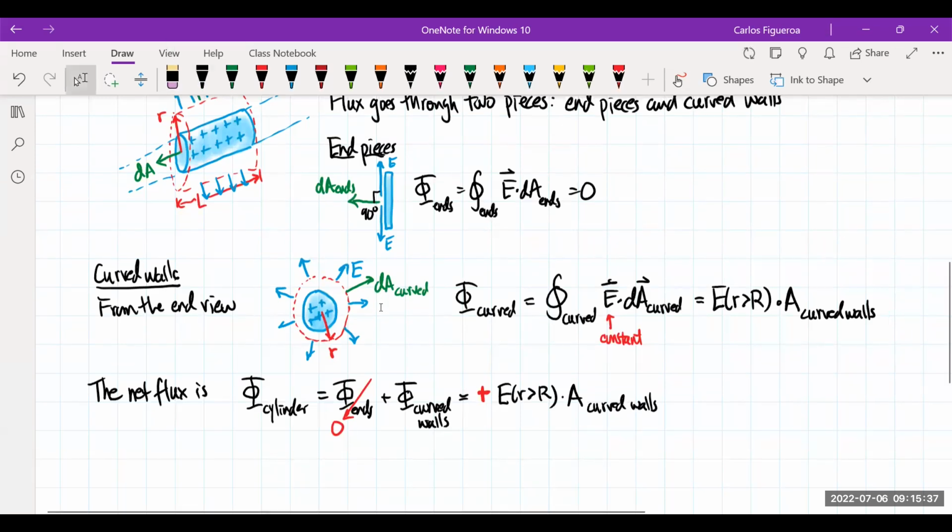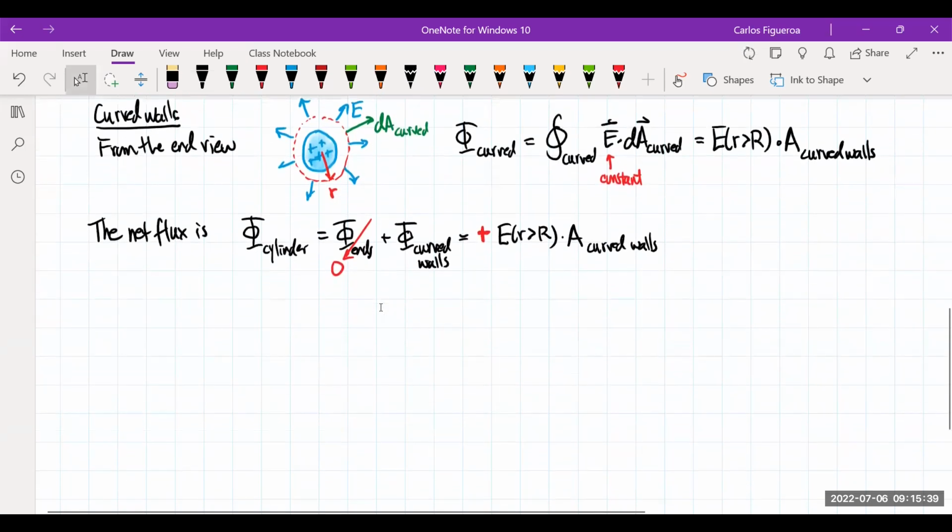If you look at the area of the curved walls, you've got to think about it this way. If I just look at the curved walls, what you're seeing here is that this is the circumference, and then the length of the cylinder goes like this.